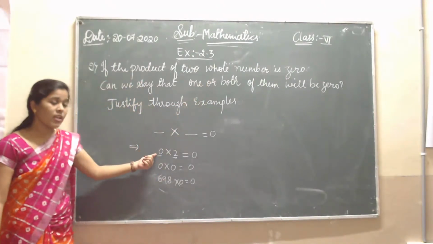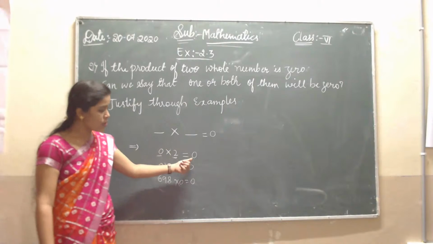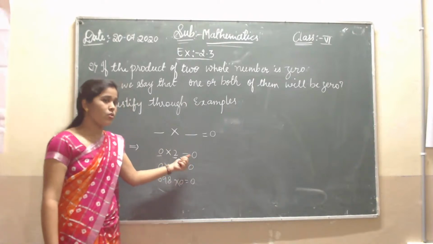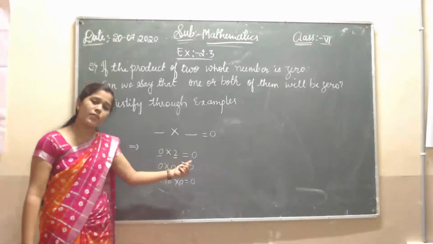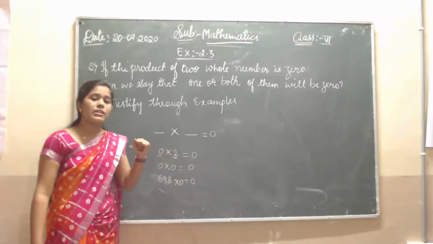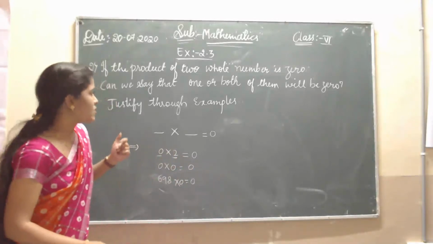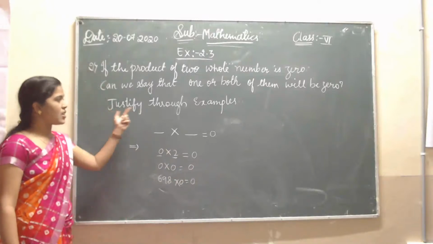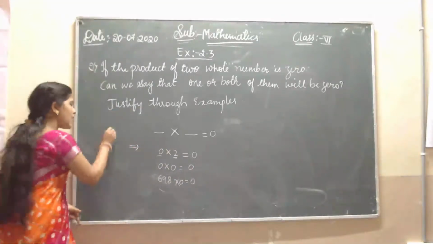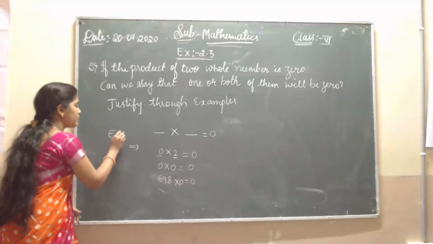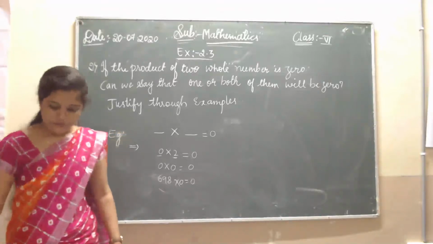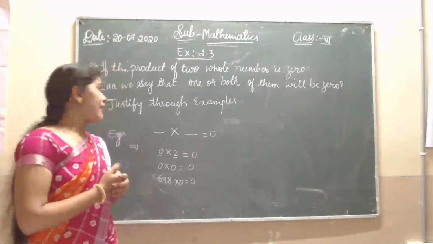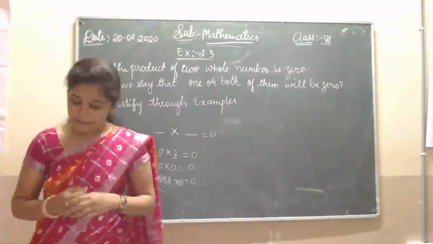Yes. If one is 0, then the answer is also 0. If both numbers are 0, then this is also 0. So, yes, we can say that. So, these are the examples. Hope you understood.